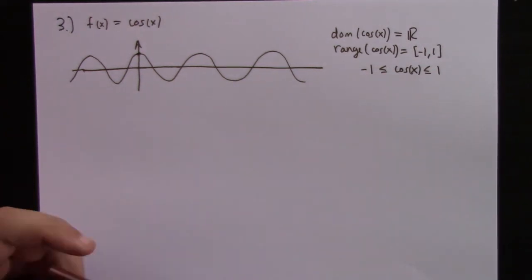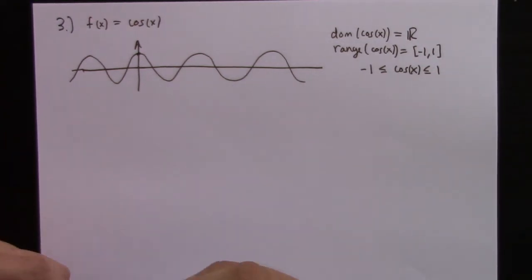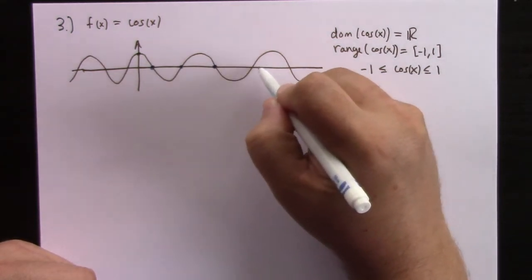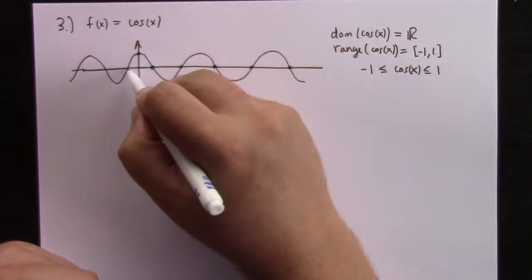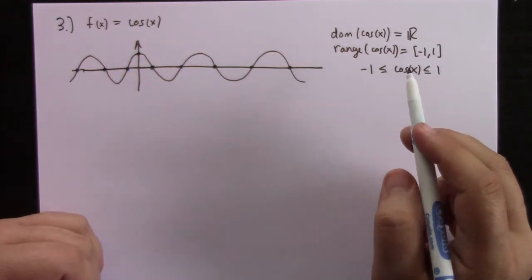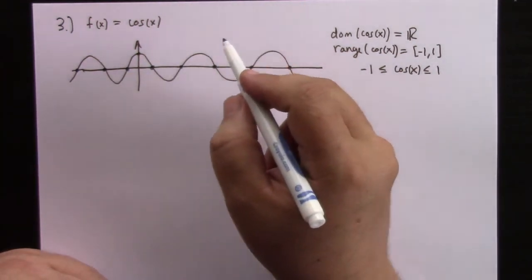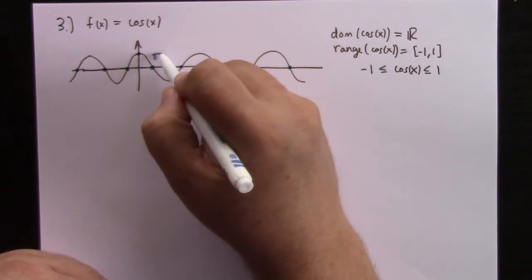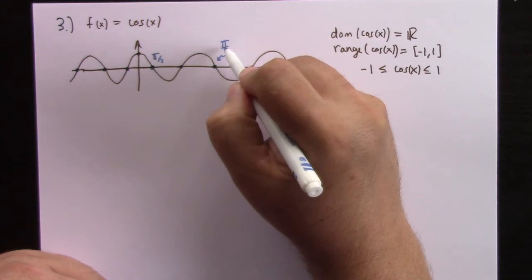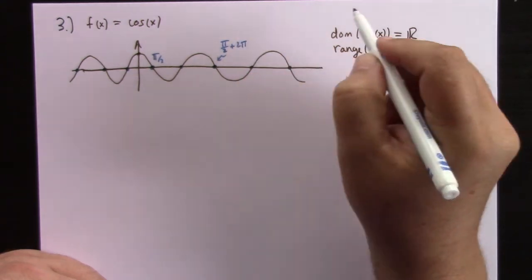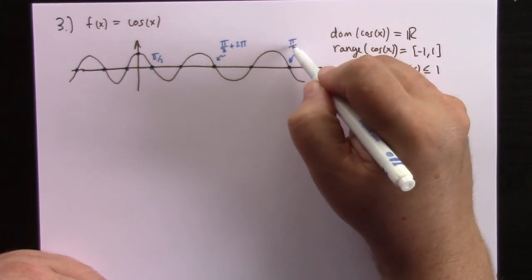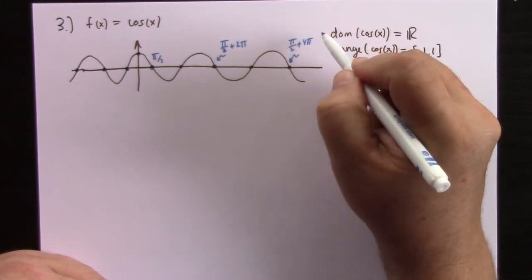The places where cosine is 0 are a little bit more complicated. So we have zeros here and here and here and here and here and here, and they're not so nicely arranged as the last time. So I've got this pi over 2, and then this is pi over 2 plus 2 pi, and this one is pi over 2 plus 4 pi, and so forth.